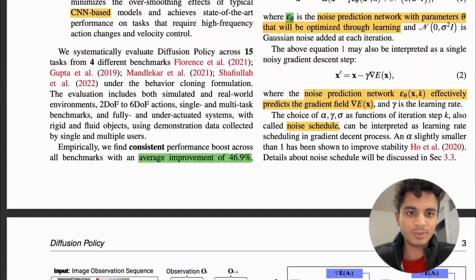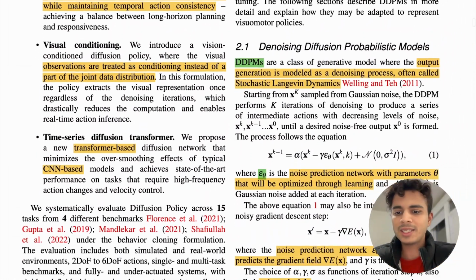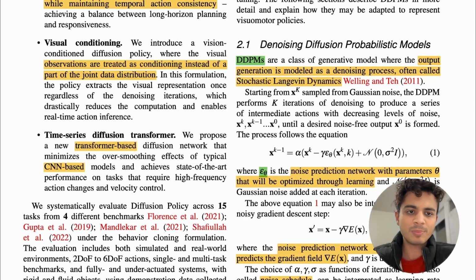Okay, coming back to the paper, where we left, it was here. And this is what the denoising process equation is, and this is not exactly what they're using. They're making several modifications to it because of the kind of observations that they're getting and taking advantage of their observation type.